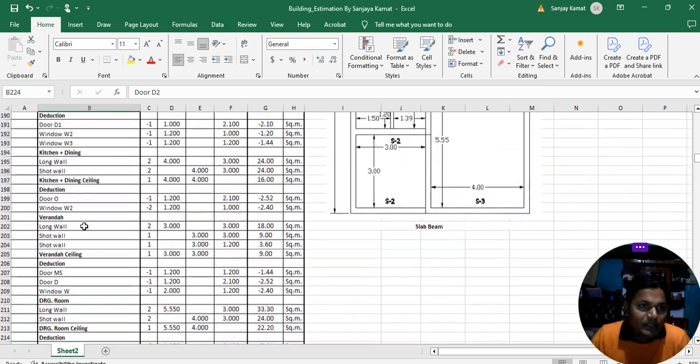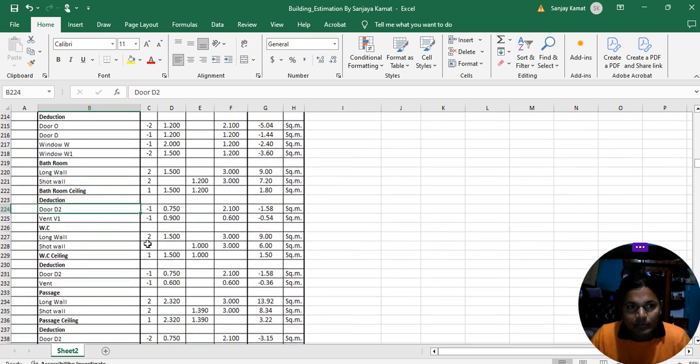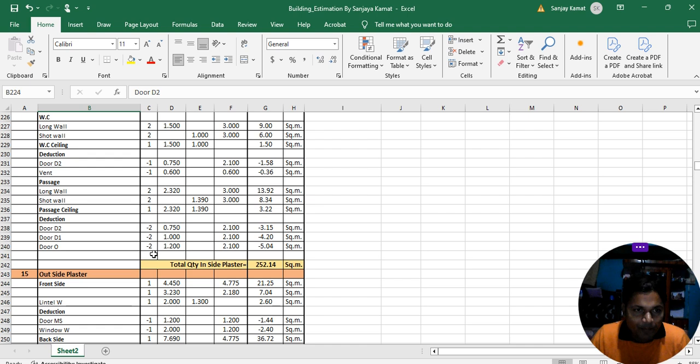For everything we need paint. So how much material, how much quantity, is required for the painting? These things come under this, and at last the total quantity if we paint the inside only.